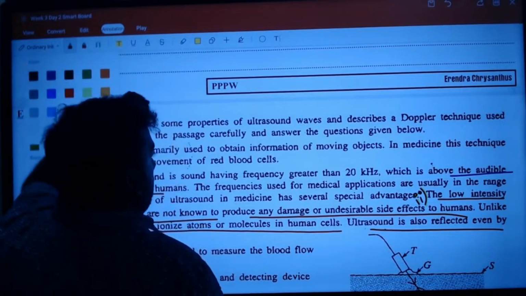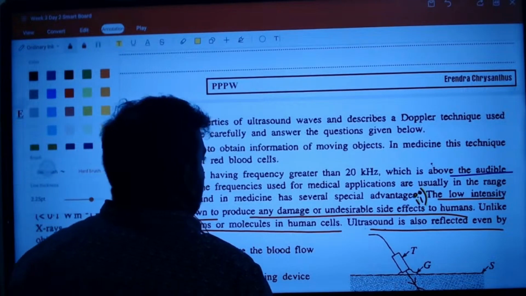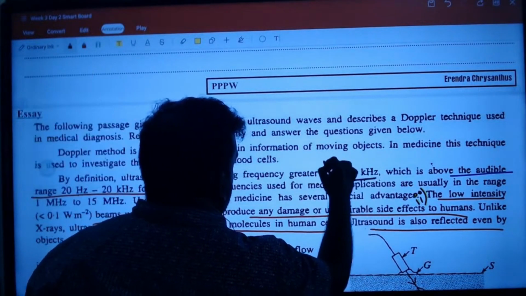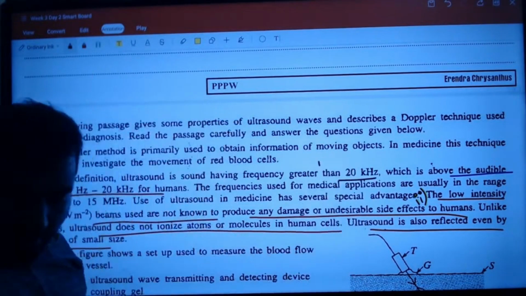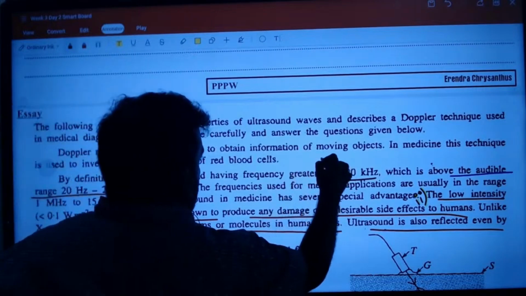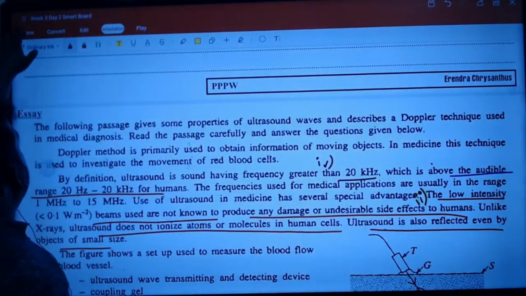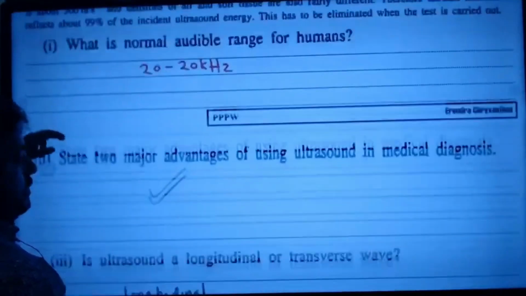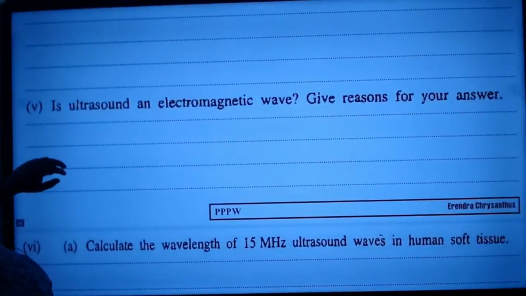There also, I think the answer for Roman 4, right? Is ultrasound electromagnetic?